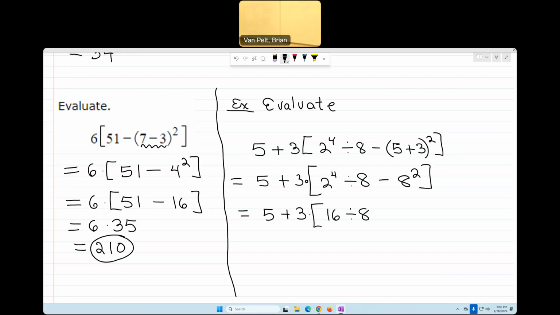I'll do this one too, since they're separated, I can do this one at the same time. What's my next step? 16 divided by 8. 16 divided by 8 is 2.